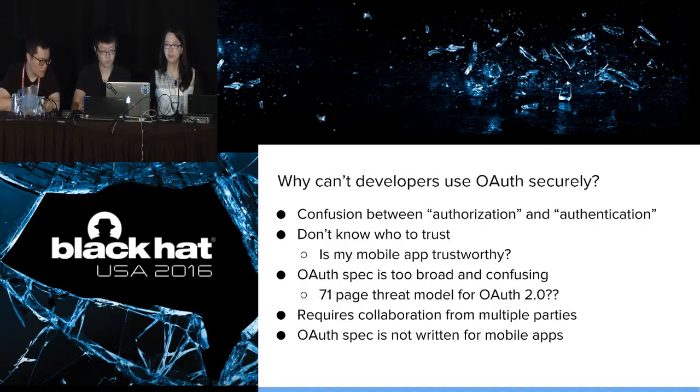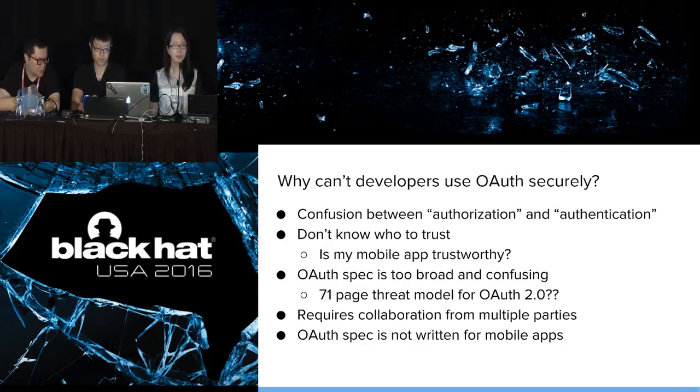You might wonder, why can't developers use OAuth securely? Why do they make so many mistakes? There are several reasons, and most of the reasons are very pervasive. First, there's a widespread confusion between authorization and authentication. Developers misunderstood the security implication, the difference between the two concepts.